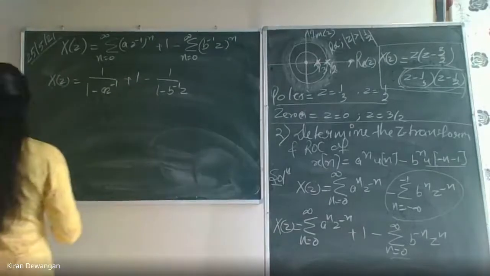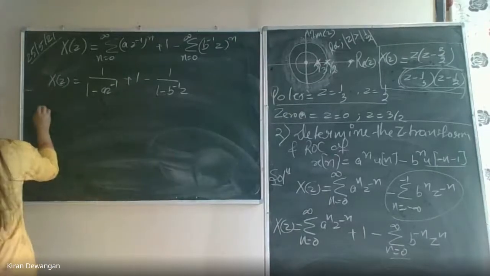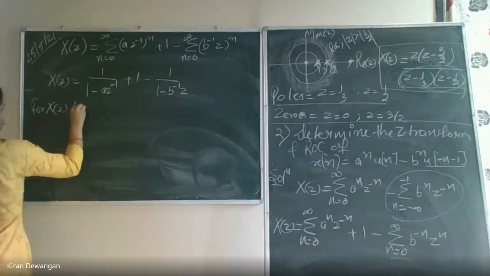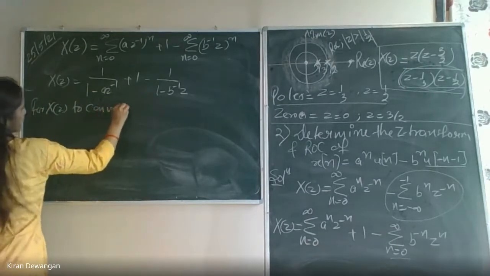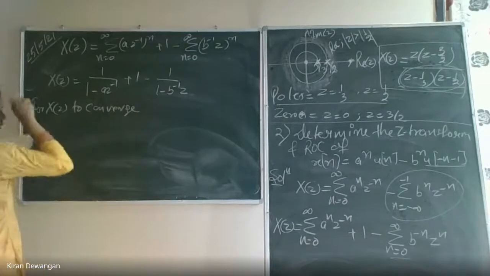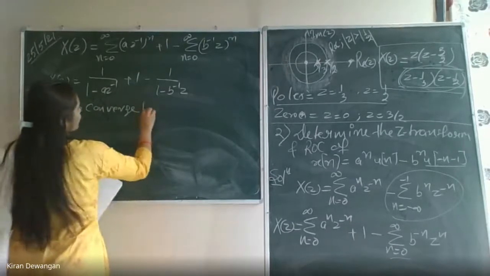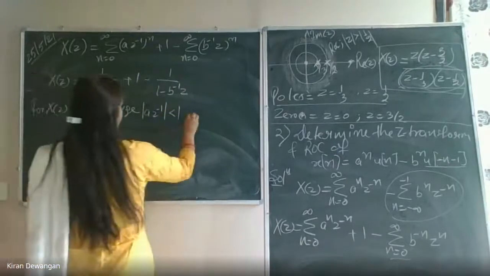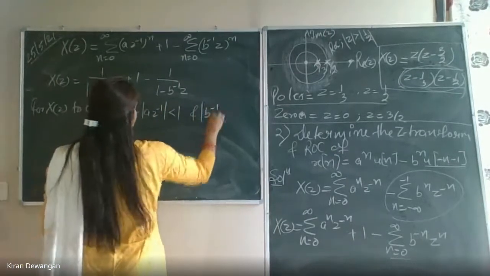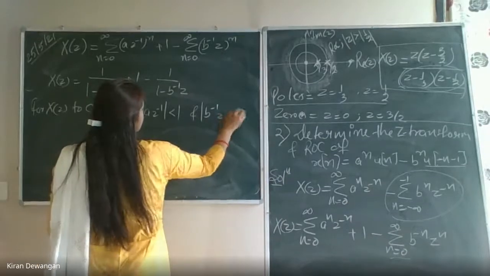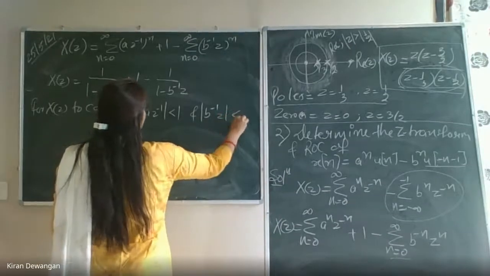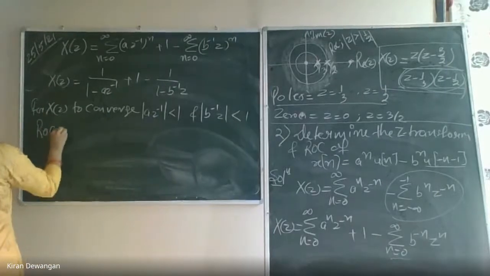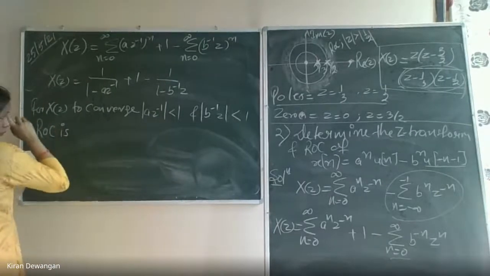Now अगर हम इसे solve करते हैं, hence for x of z to converge, what should be the condition? Mod of a z to the power minus 1 should be less than 1 and mod of b to the power minus 1 z should be again less than 1. From this the ROC is what?